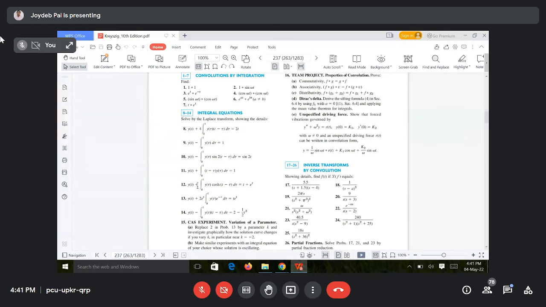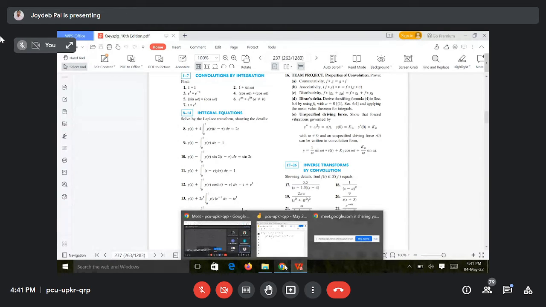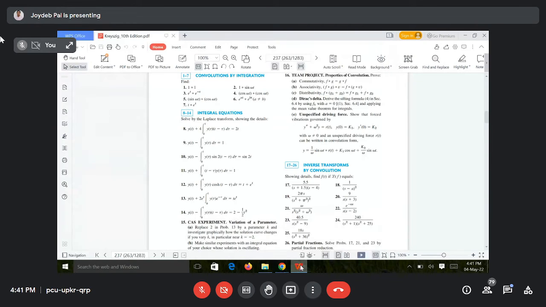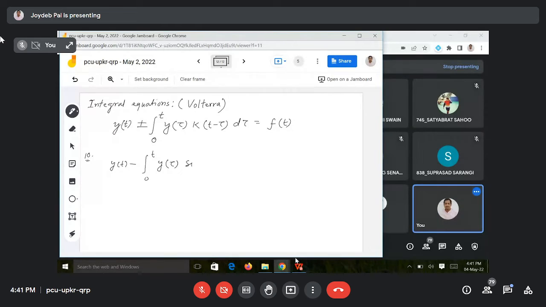So, some problems. Look, I am solving problem number 10: y(t) minus the integral from 0 to t of y(tau) sin 2(t minus tau) d tau is equal to sin 2t.